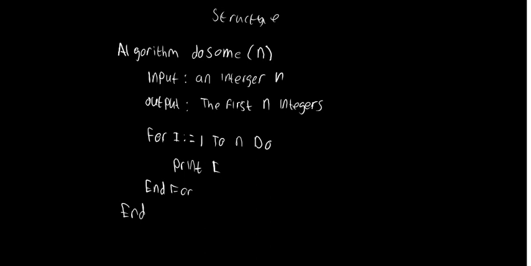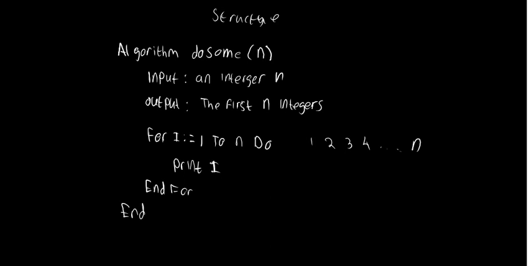So we have a simple for loop that prints I up to n, printing I through each of these iterations. So it will print 1, 2, 3, 4 all the way up to n. It's a very simple algorithm.